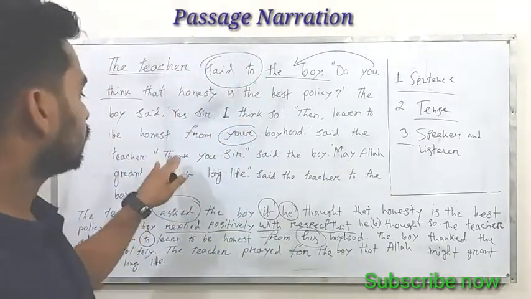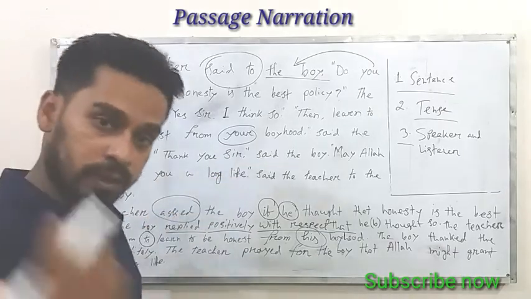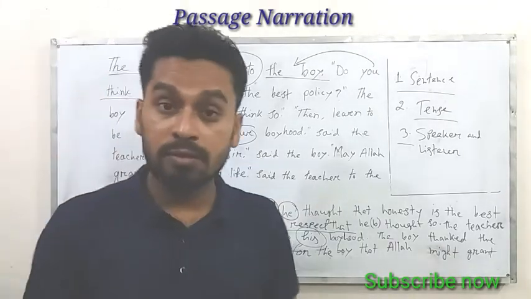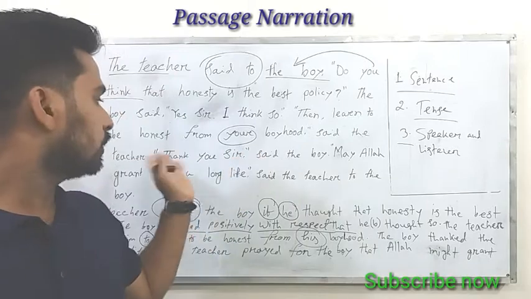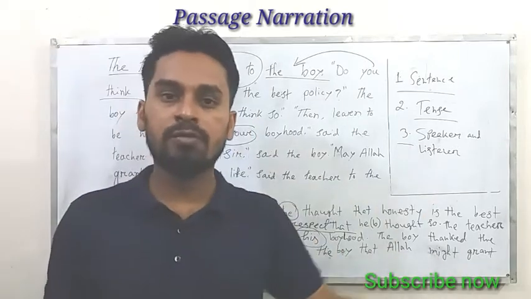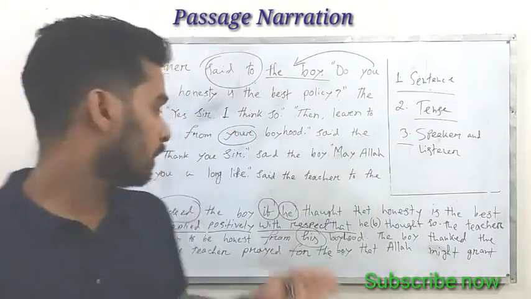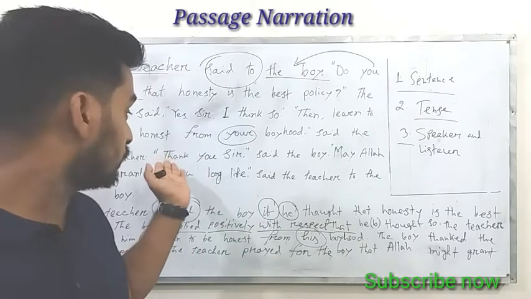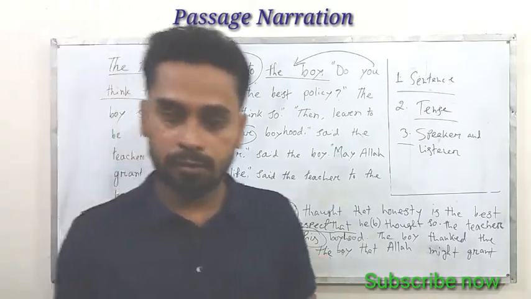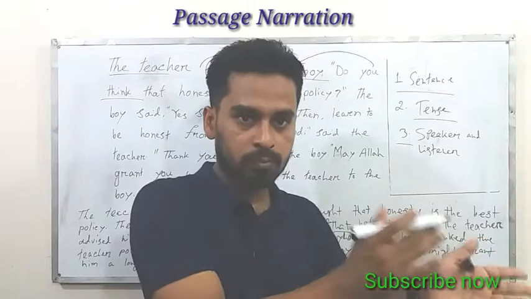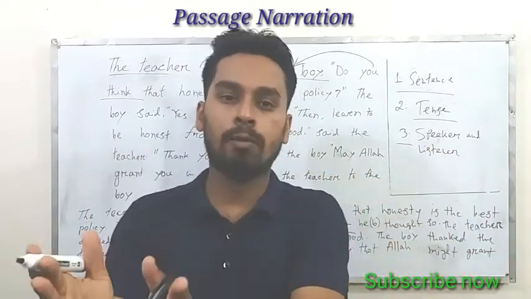Now the next one: "Thank you, sir," said the boy. Here the speaker is the boy and the listener is the teacher. Here the boy thanked the teacher for his advice. Okay, so there is a structure for thank you, and that is subject, thanked, and then the object.